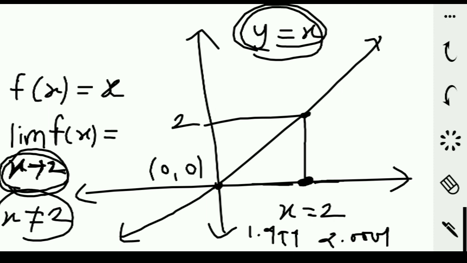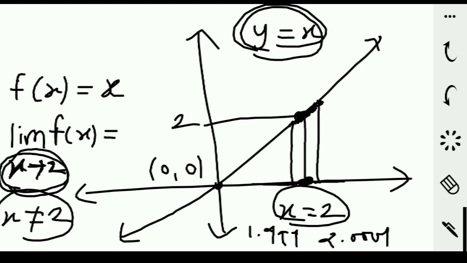So if we have any point here like this, then we will get the function value here, and if we are coming from the right hand side, then we will get the function value like here. If we come closer and closer to this x is equal to 2 point, we can see that the function of x value is also coming towards this 2 value.